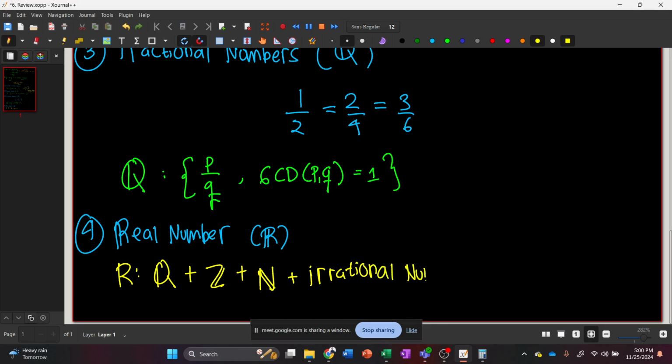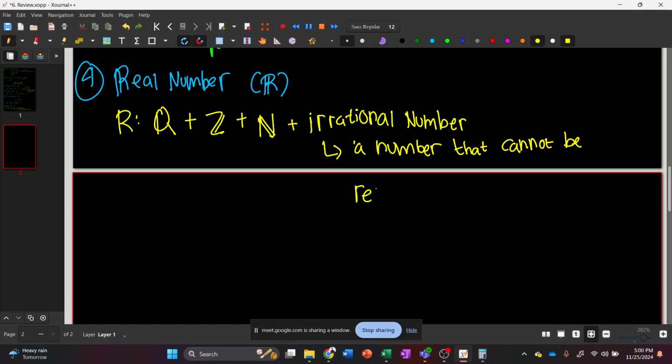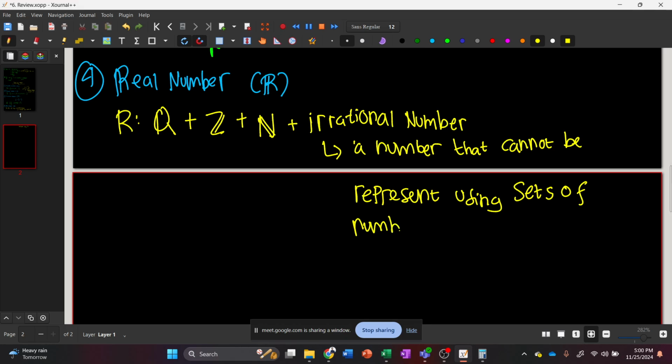Now, an irrational number is quite a unique number. It's a number that cannot be represented using the sets of numbers that we had.